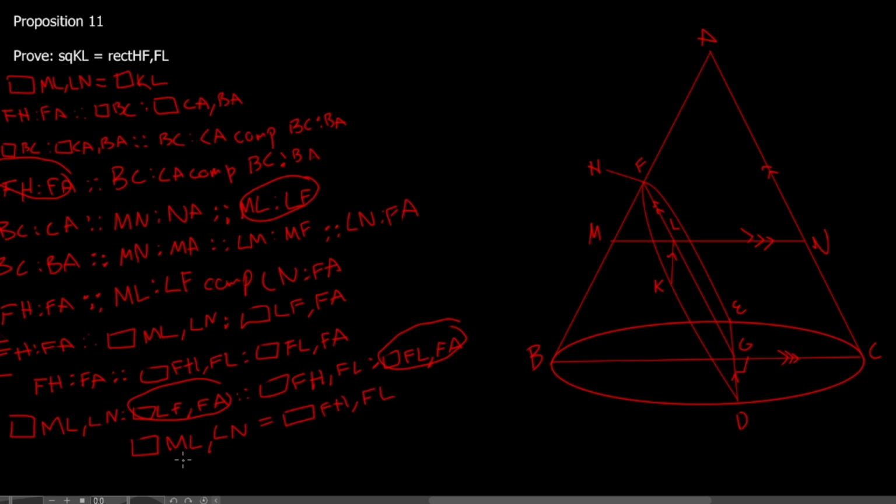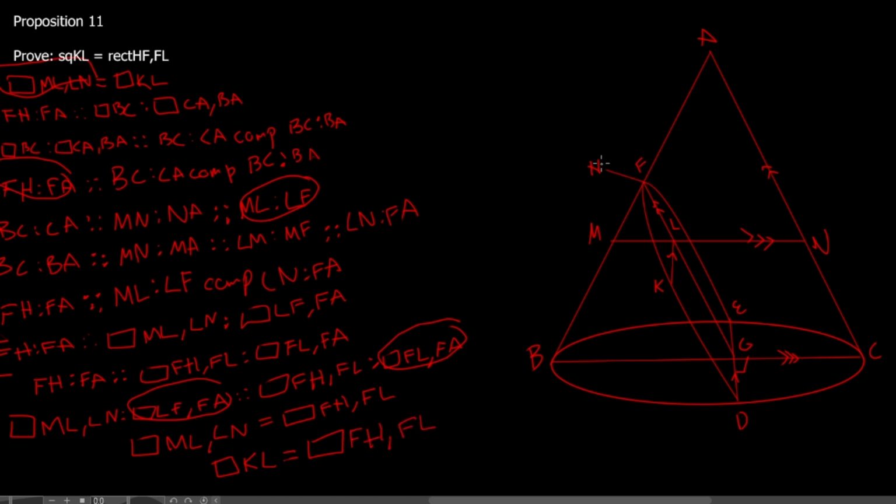And where's ML LN? Well, all the way back up here, we showed that ML LN was equal to KL. So that means KL is equal to the rectangle FH FL.